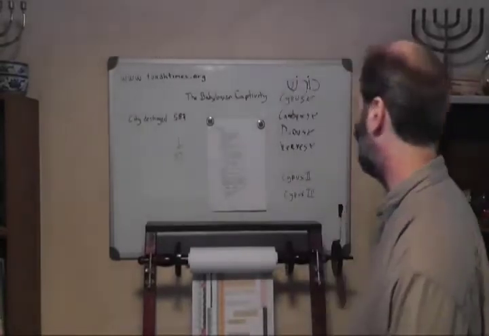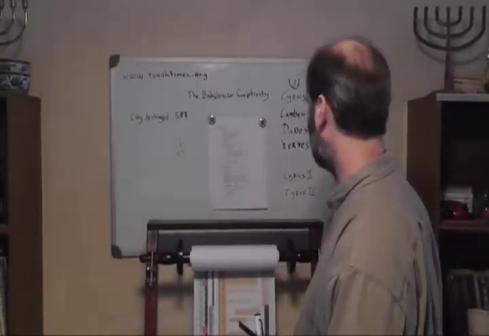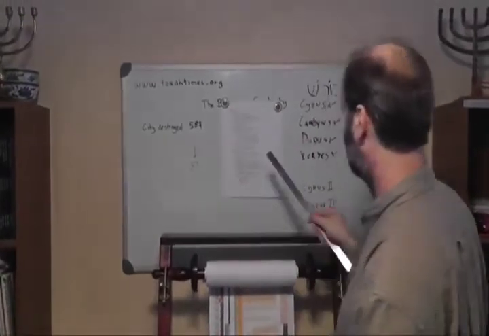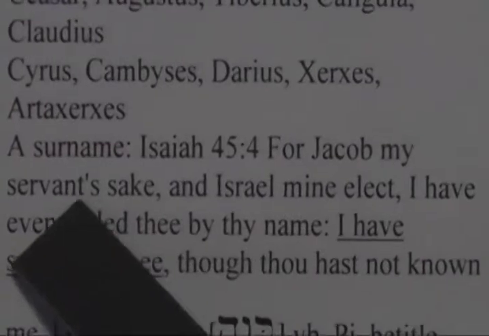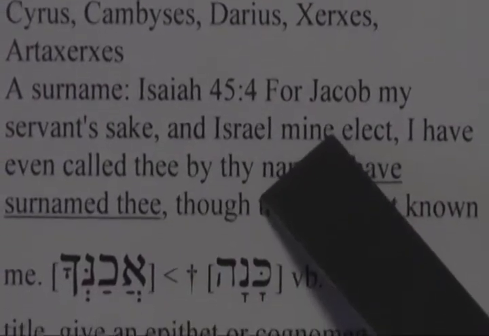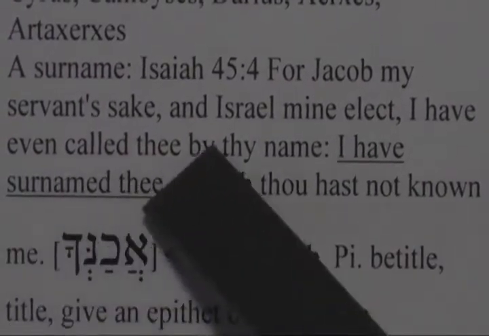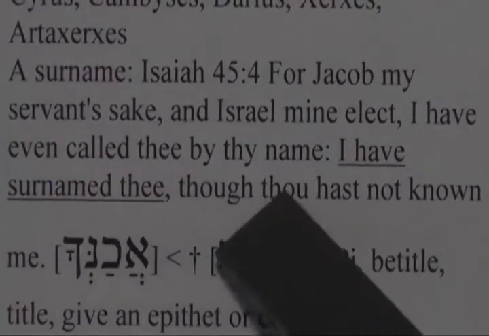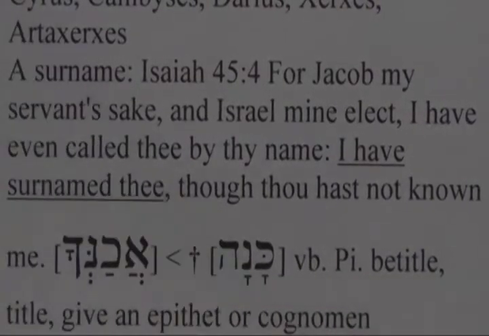Now I want to pop over to Isaiah 45:4. For Jacob my servant's sake and Israel mine elect, I have even called thee by name. I have surnamed thee, though thou hast not known me.